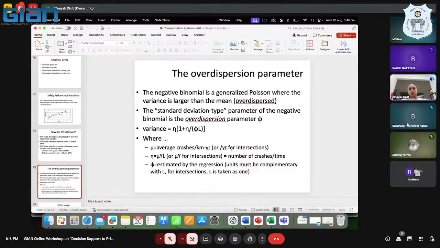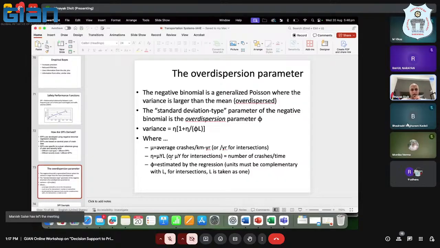Now, the second thing we always have in a negative binomial regression model is something called an over dispersion parameter. This over dispersion parameter tells you how far away it is from the mean. It is given by sigma, and eta is basically the number of crashes per time.